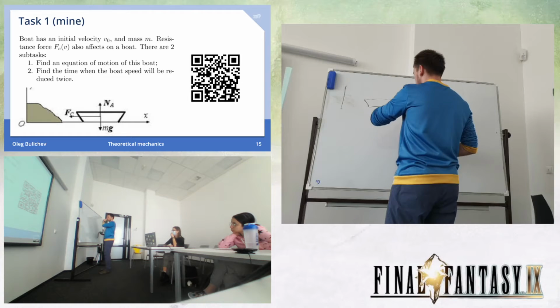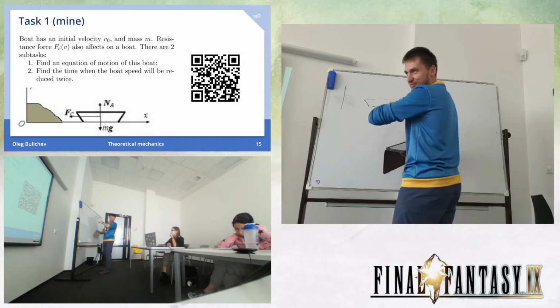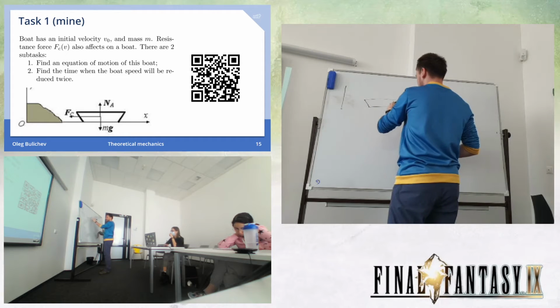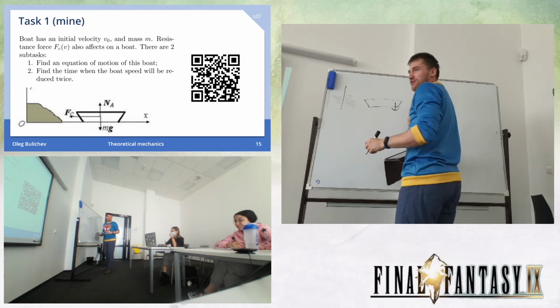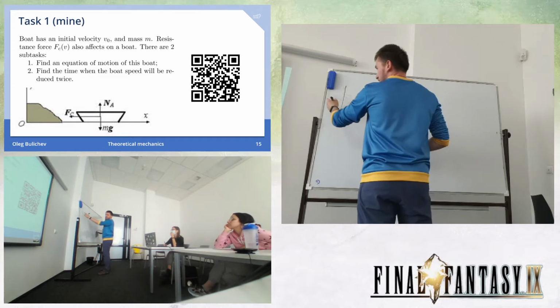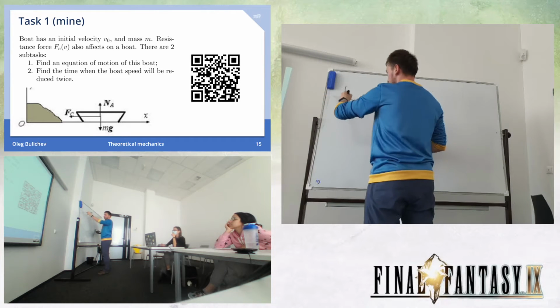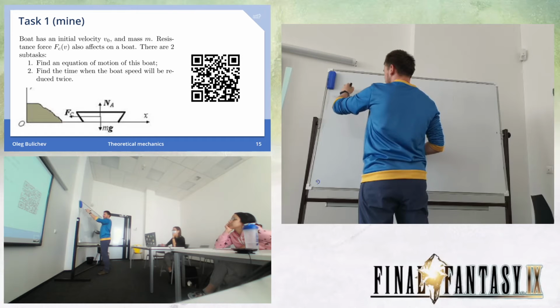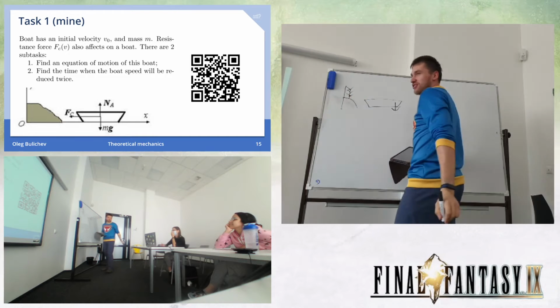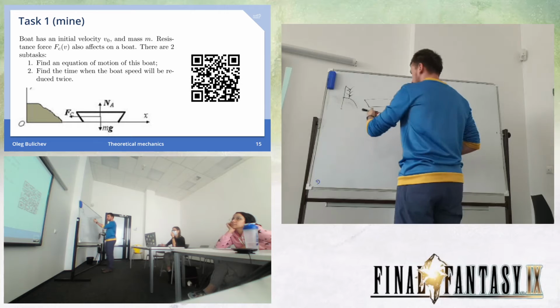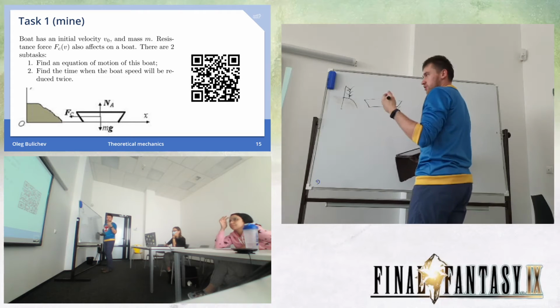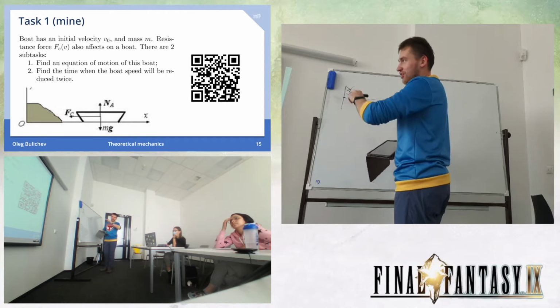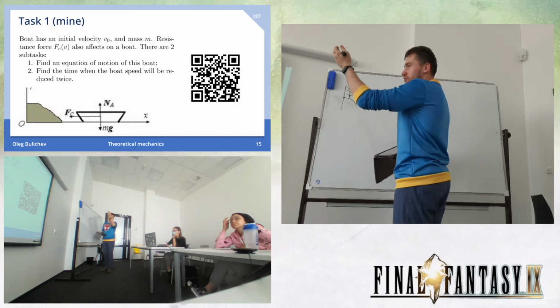Let's put an anchor. Will it help us solve this task? No. We have some rocks, let's put some trees there. This is an explanatory sketch. But for this task, we can consider this boat, as I said before, as a particle.